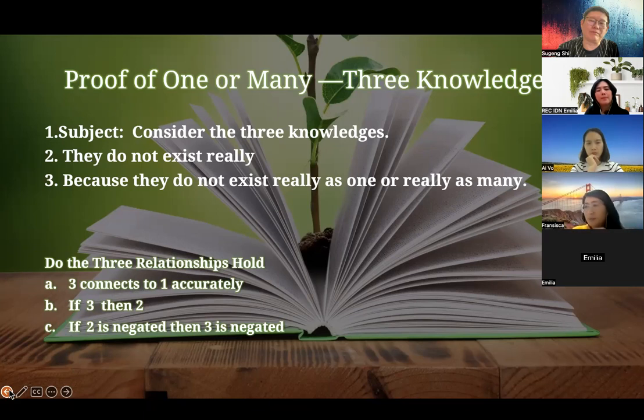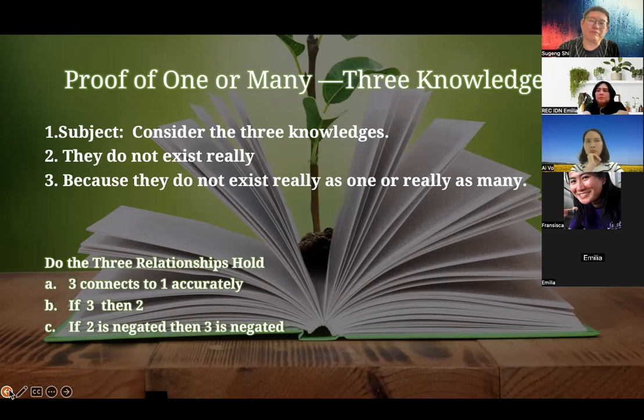And then she put this situation into the syllogism test, right? So consider the fever. She had a fever. The fever does not exist really because the fever does not exist really as one or really as many. So she started to think, does this fever exist as one?